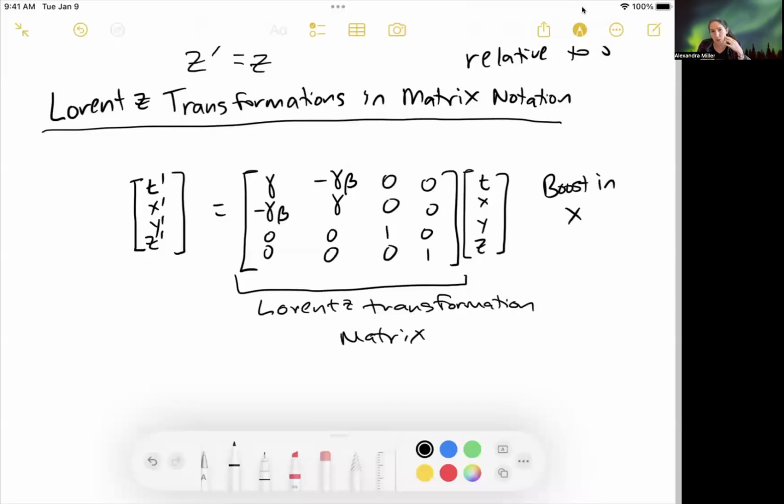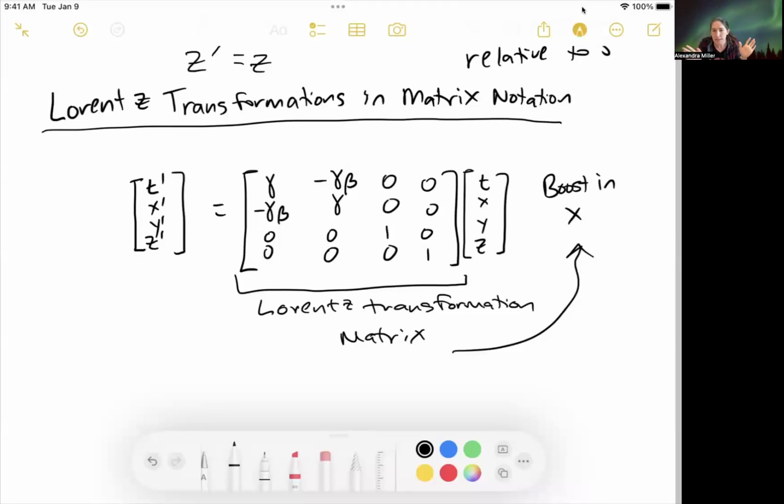Again, the last thing I want to stress is this particular matrix is just for a boost in X. There are different matrices if you want to go to a rotated coordinate frame, or if you want to boost in a different direction, or maybe you're boosting in some direction that's a combination of the X and the Y direction.